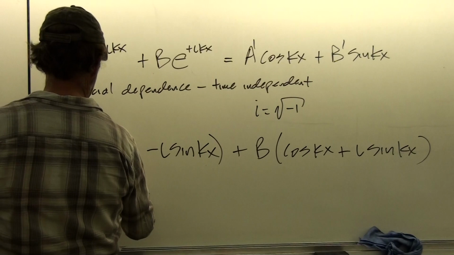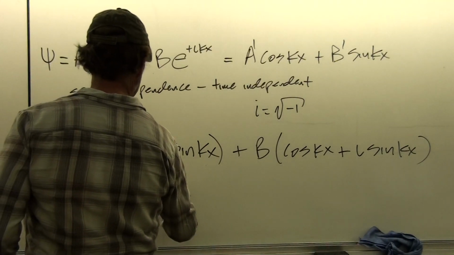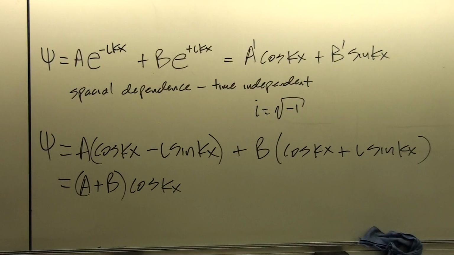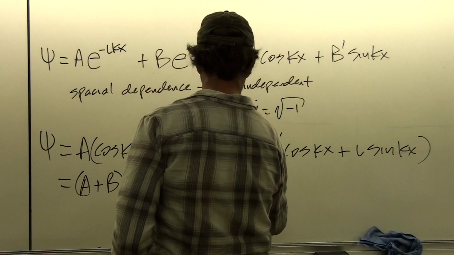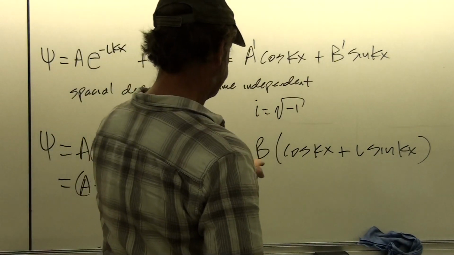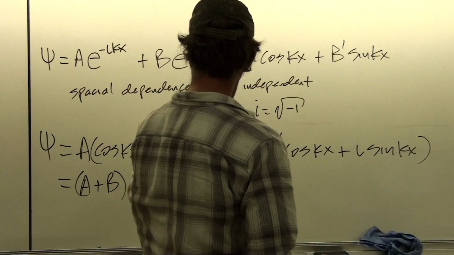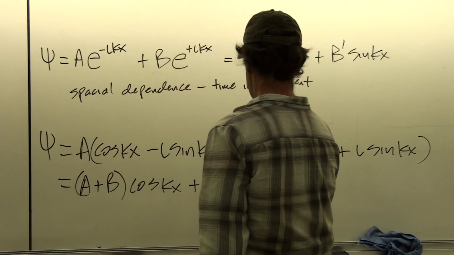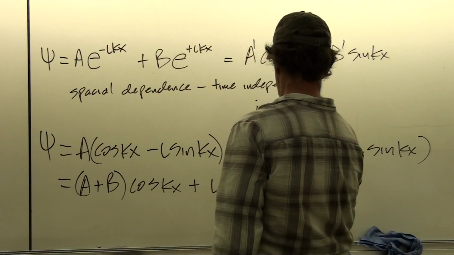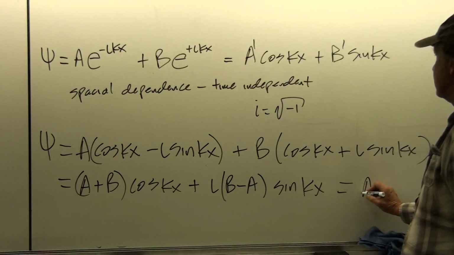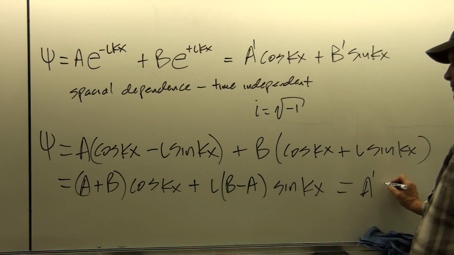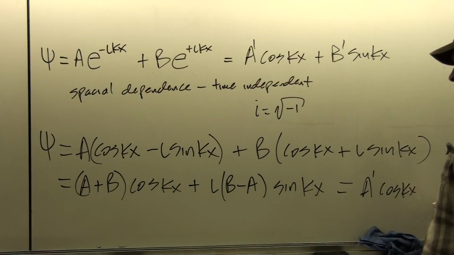So it's (a plus b) times the cosine of kx, plus i times (b minus a) times the sine of kx, or that's just equal to what I've written here, a prime cosine of kx plus b prime sine of kx.